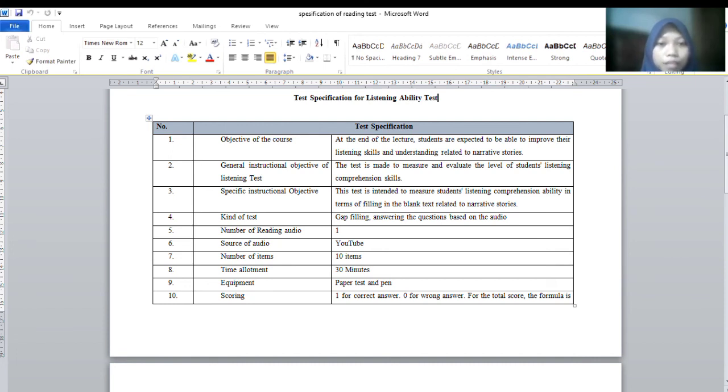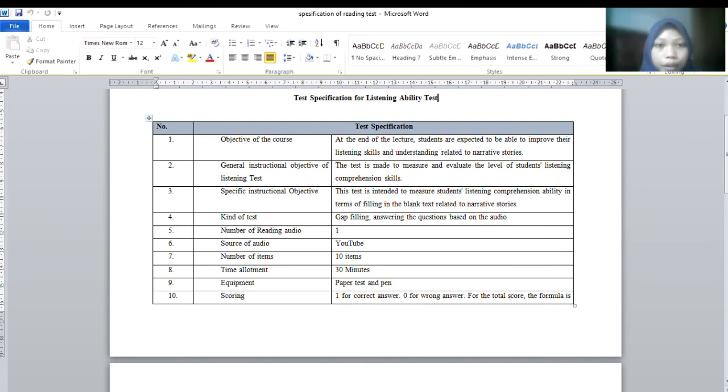And for specific instructional objective, this test is intended to measure a student's listening comprehension ability in terms of filling in the blank or gap filling related to narrative stories. And a kind of test is gap filling, answering the question based on the audio.